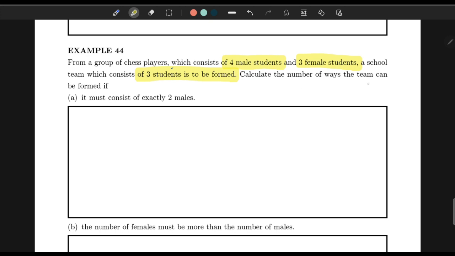Calculate the number of ways the team can be formed if it must consist of exactly 2 males. Now we have 4 males and 3 females.